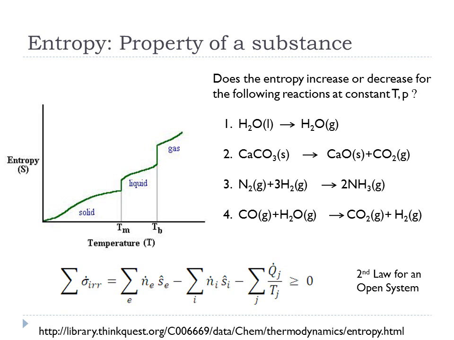And of course, what we see is the entropy increases with temperature and there are jumps when you hit melting points and boiling points. And so the entropy of a gas is greater than a liquid, which is greater than a solid. But of course, you can still have gases turning into solids, solids turning into gases, all sorts of that, right?